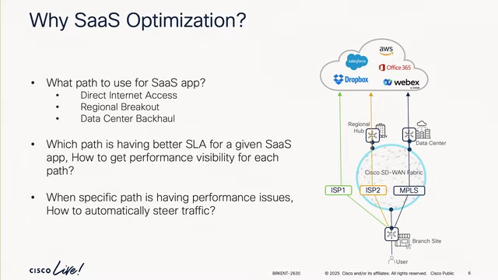How do we continuously monitor this kind of performance on all those paths? And if we notice certain things, how do we do a failover from one path to the other in order to restore the performance? These are some of the problem statements that come to mind when we think about SaaS optimization.